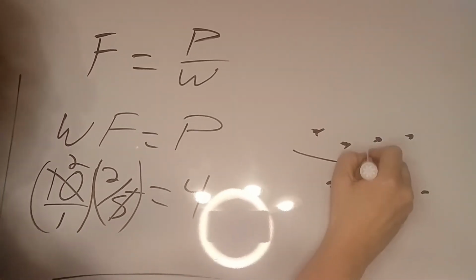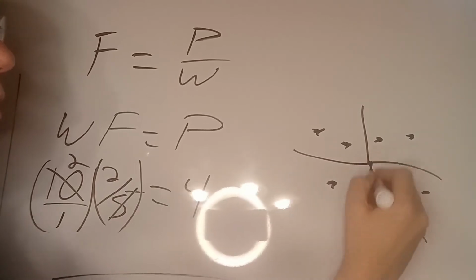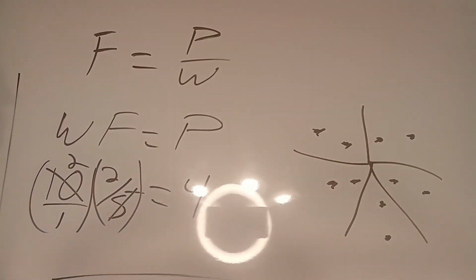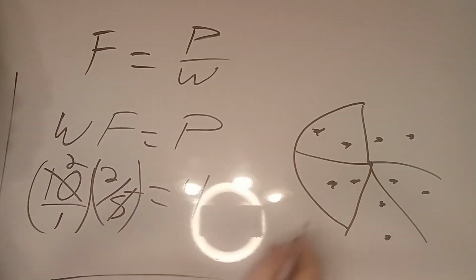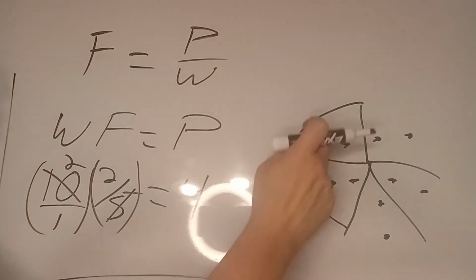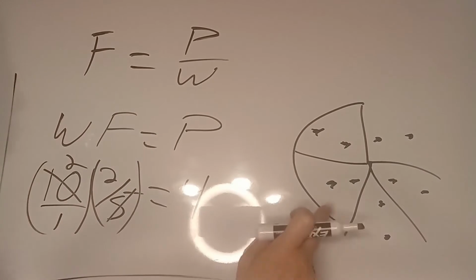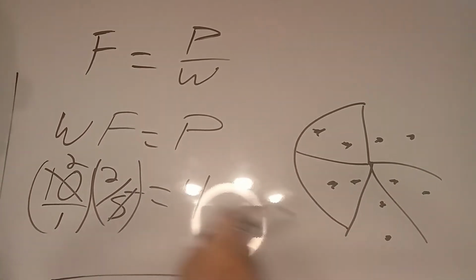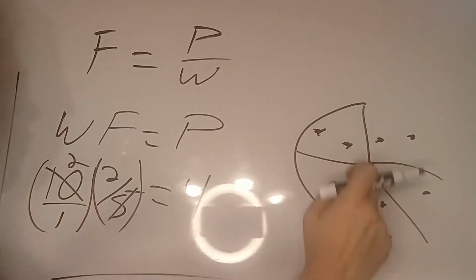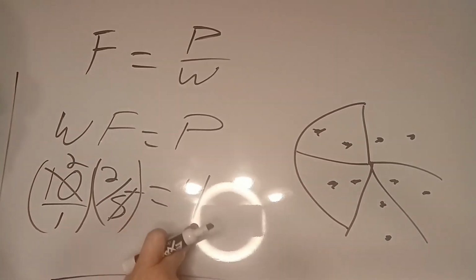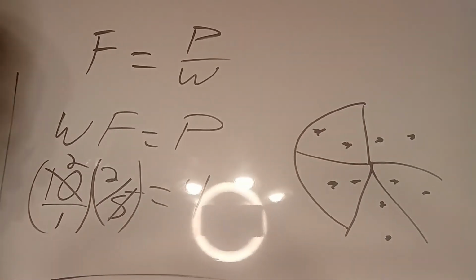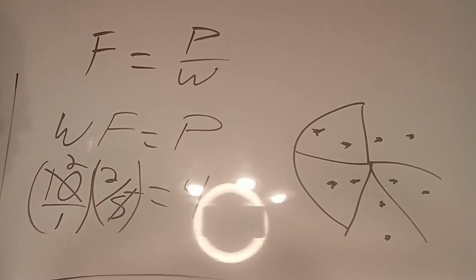We can divide it into 5, and we take 2 of those, and we have 4 dots as our result. So the whole is 10 dots. The 2/5 means we split it into 5 and take 2, and the 4 is how many dots are in those 2.